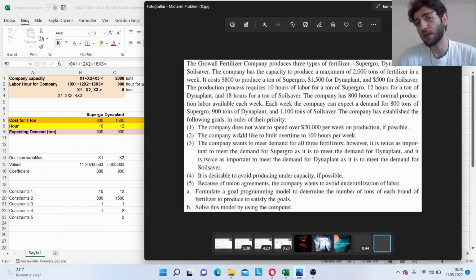For example, the company does not want to spend over $20,000 per week on production, and the other one is X1 must be 2 times more important than X2, and X2 2 times more important than X3, something like that.